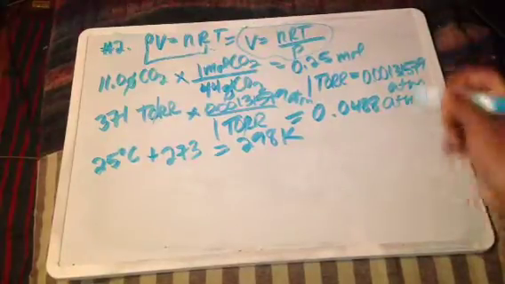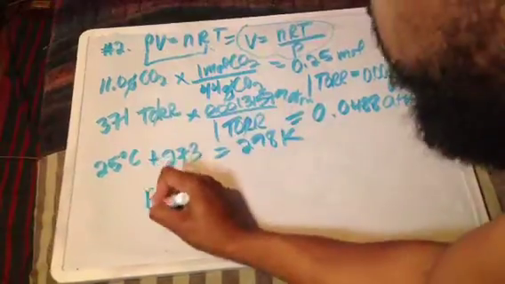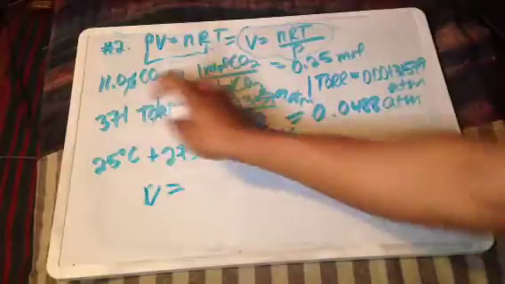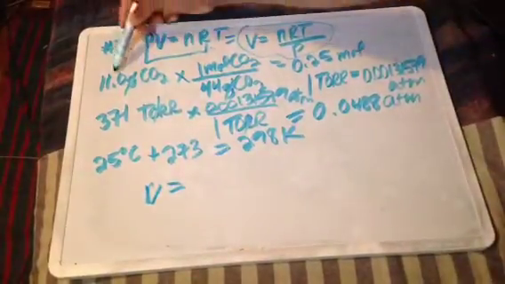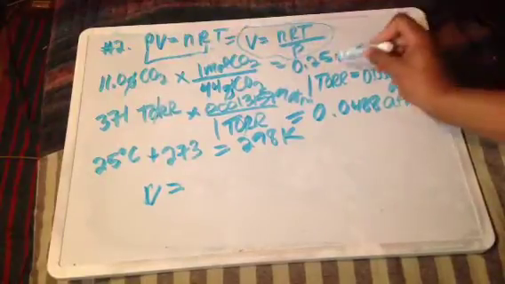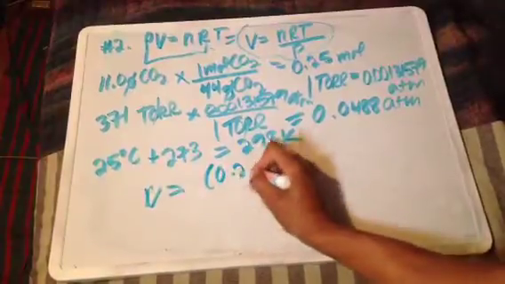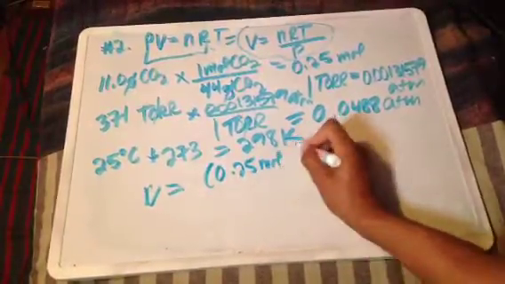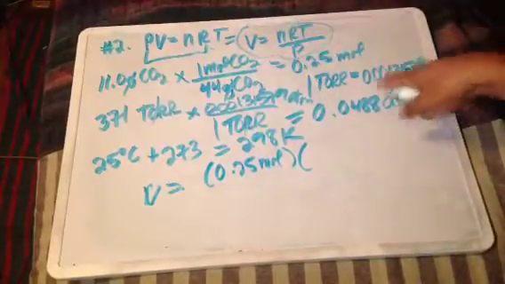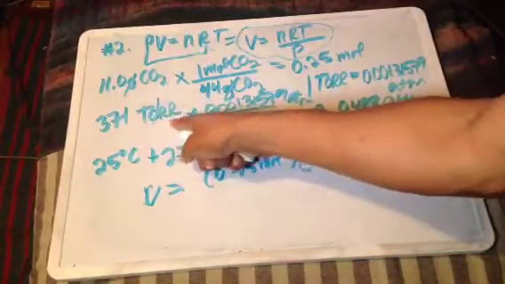So now we still don't know what our volume is, so that is going to be V. V is equal to n, which we determined after we converted 11 grams of carbon dioxide into moles. We determined that that was 0.25 moles. Let's write that.